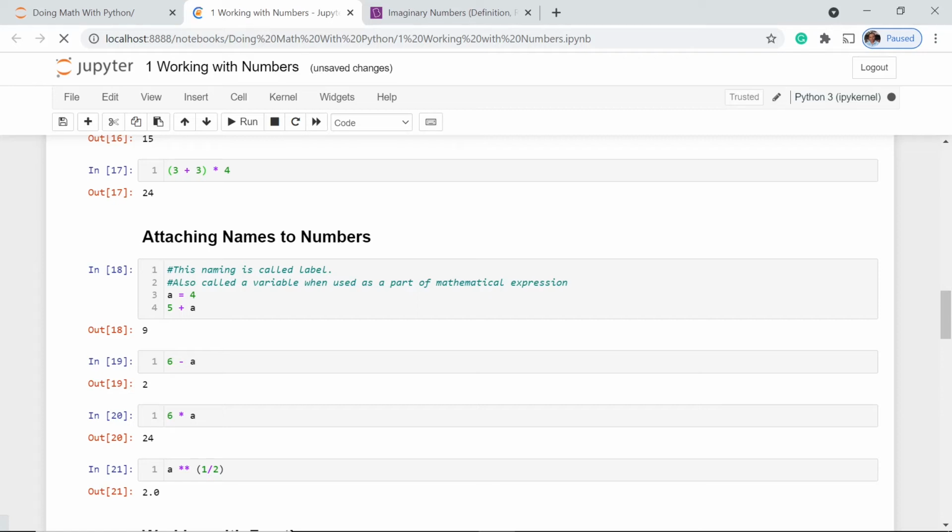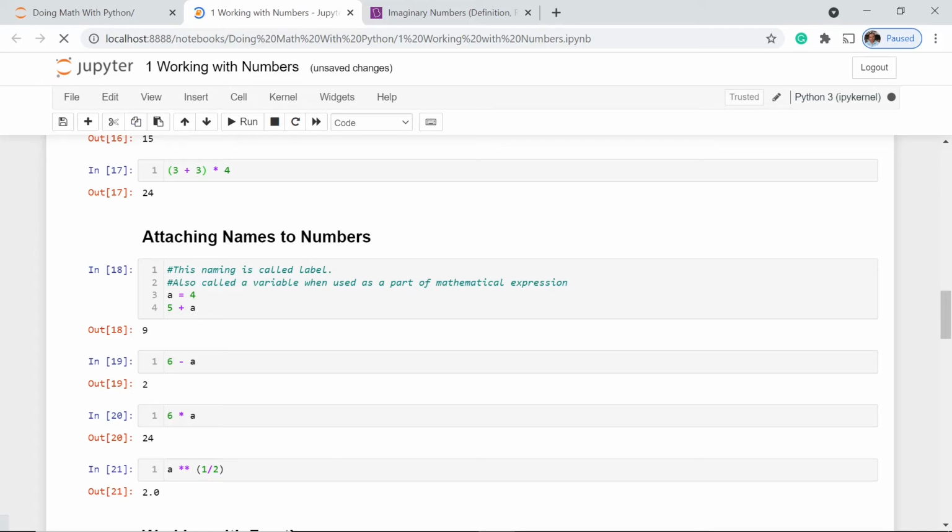That means a is now carrying the value of 4, so 5 plus 4, and that becomes 9. This naming is what we call a label, and this label is also called a variable. This is very common and is used when we are dealing with algebraic expressions.